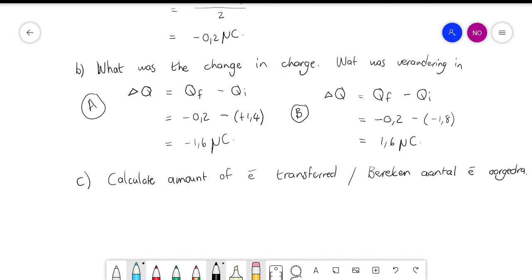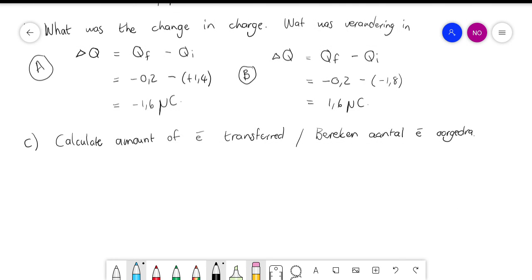Okay. So stem julle saam, daar het 'n oordrag van lading plaasgevind, né? There was a transfer of charge. Plusse en minusse het verander, né? A transfer of charge is made up of what? What is that charge? It is made up of electrons. Okay, ek gaan nou eers net daar stop.